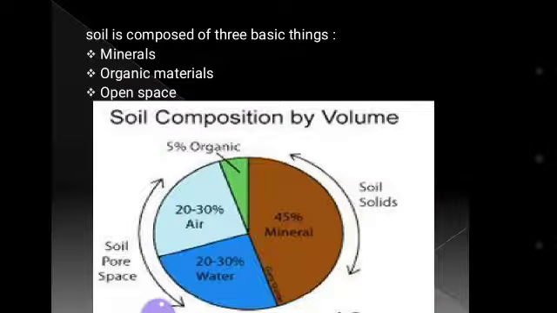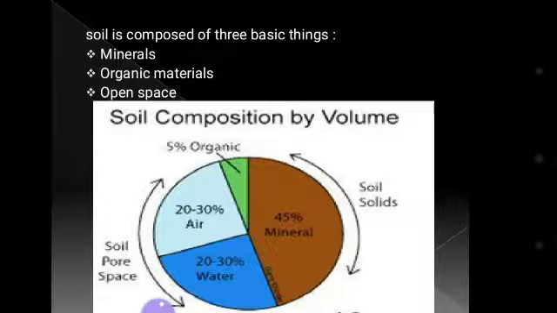Soil composition requires three ingredients. That is the minerals that are present in the soil by nature, organic material that is the remains of dead plants and animals, and third, the open space that is filled with water or air.